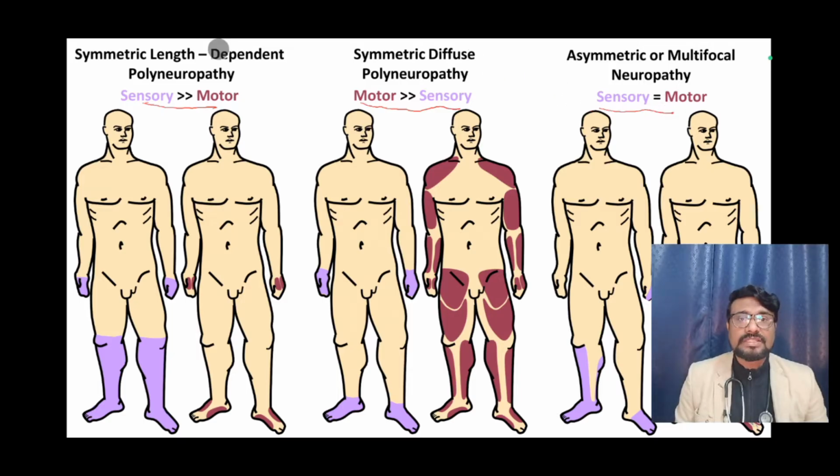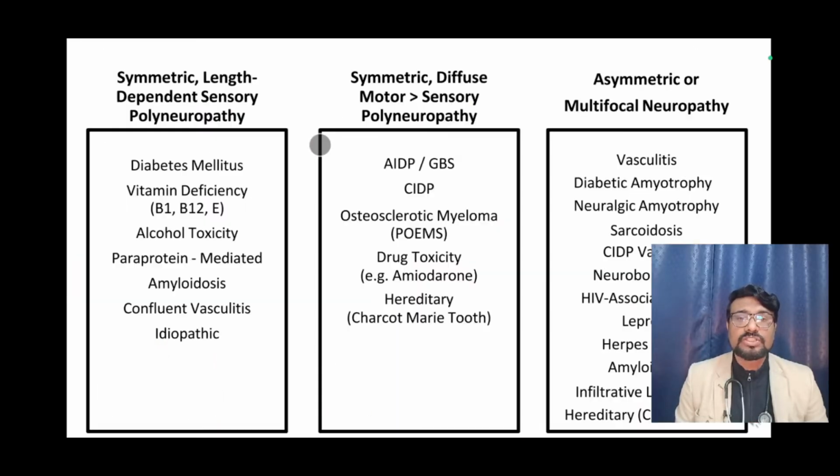If the patient has symmetrical length dependent polyneuropathy with sensory more than motor symptoms, then what are your common differential diagnoses in this case?